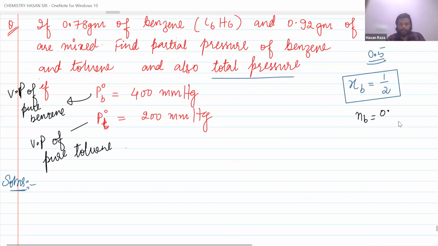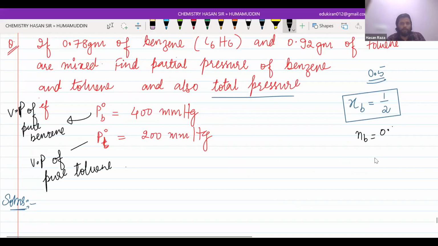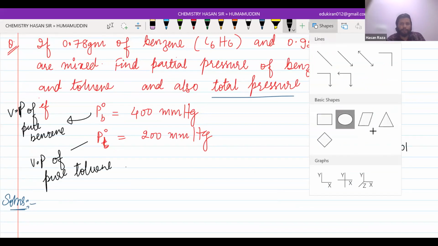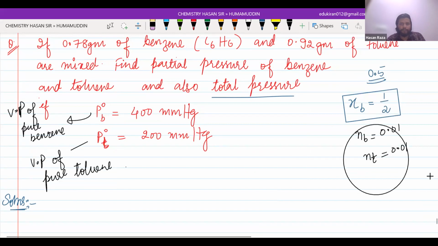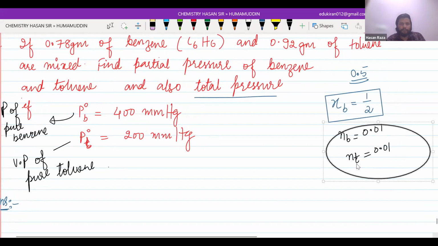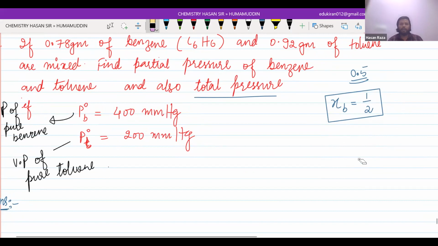Now, if you calculate the number of moles of toluene, it will also be 0.01, right? Yes or no? What have you calculated? 0.52. No, it's wrong.